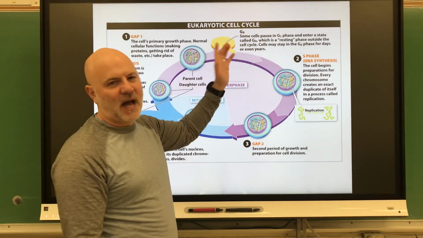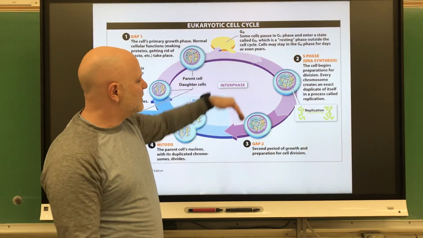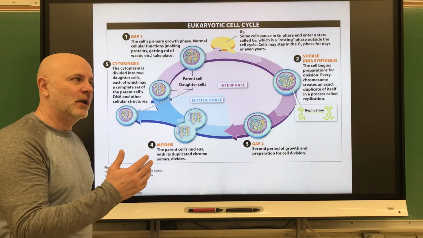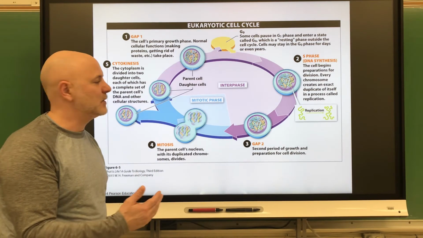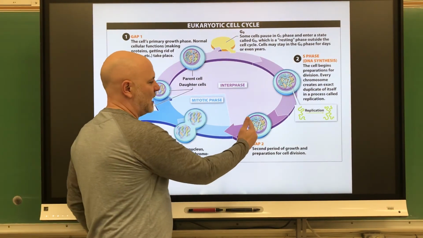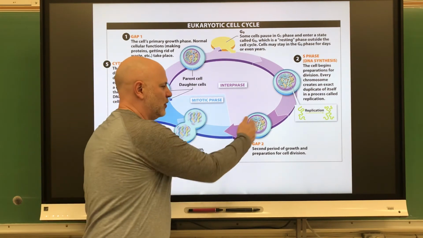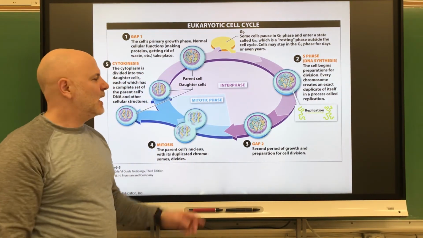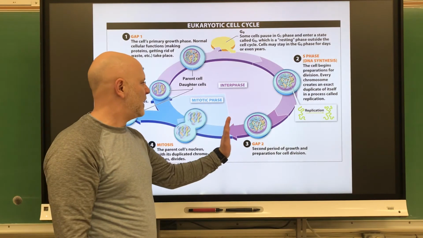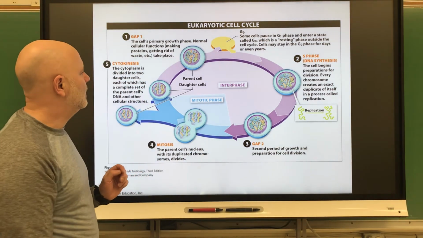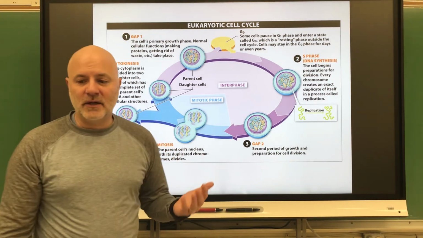So most cells stop here. Now, some cells will stop at the end of the G2 phase if we want a quick repair process to occur. Your heart muscle cells stop right here because if you damage some of those, you want to repair them very quickly. That's why they stop here and can go through mitosis very quickly. Okay, so that's it for this chapter.